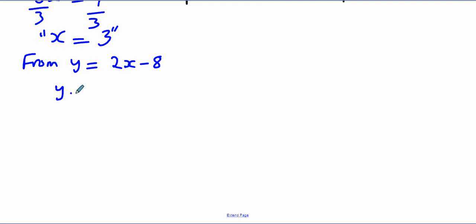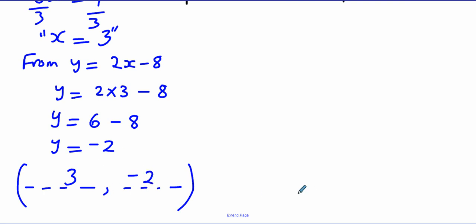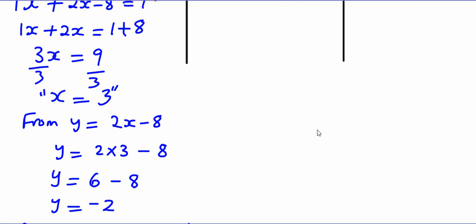Then y equals 2 times x, but my x is 3, minus 8. 2 times 3 is 6, minus 8, so y equals 6 minus 8, which is negative 2. So how do we write the answers? In coordinate style, the value of x comes here before a comma, and the value of y comes here after the comma. So this is negative 2. Okay, that is the answer.